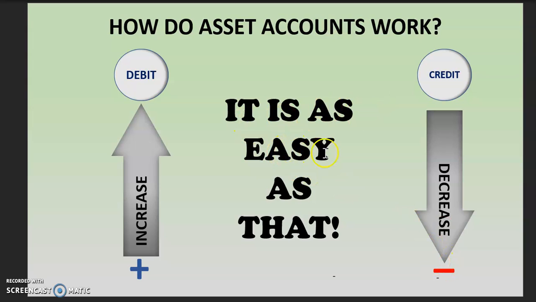It is as easy as that. Don't confuse yourself with strong or difficult words that you can't even remember. Increase, decrease, positive, negative, credit side, decrease, debit side, increase. That's it. So let's move on to our general ledger.